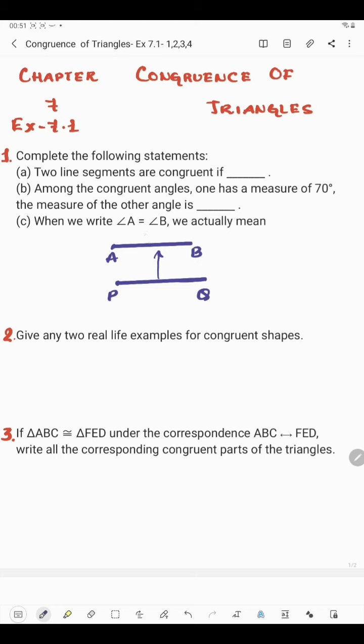Suppose this line segment is 3 unit and the length of this PQ is also 3 unit, then only these two line segments are congruent. So we'll write: two line segments are congruent if they have the same length. Okay.